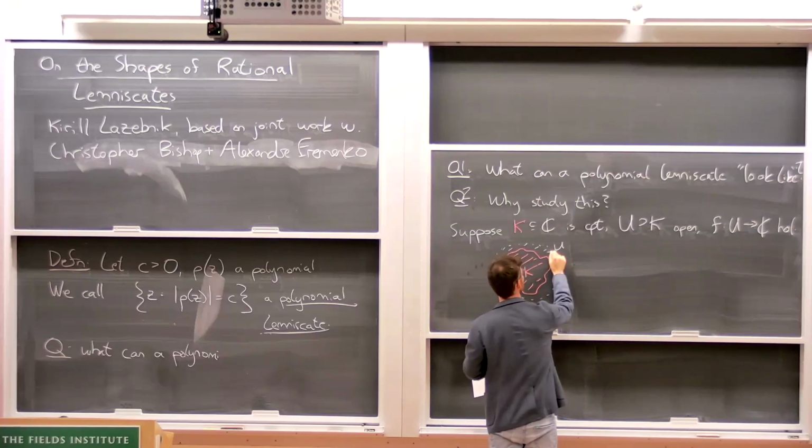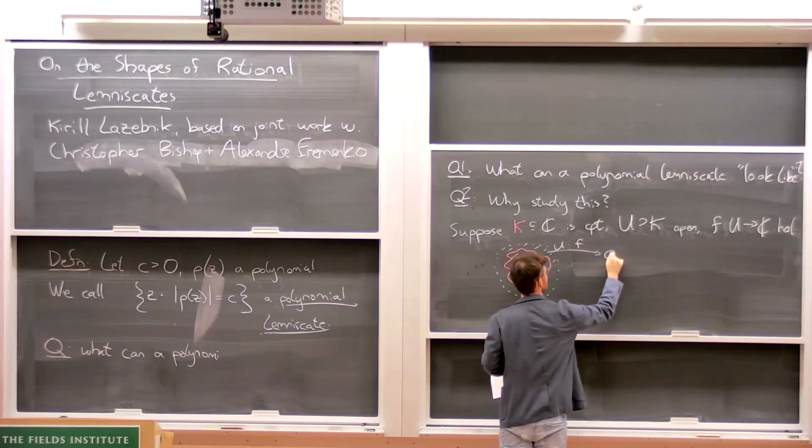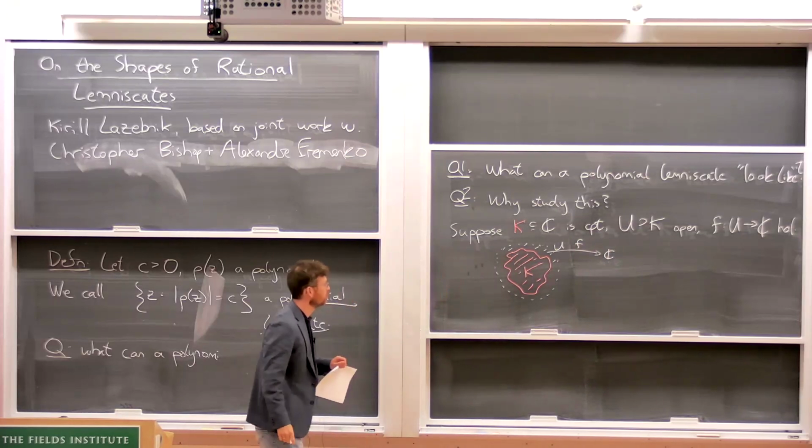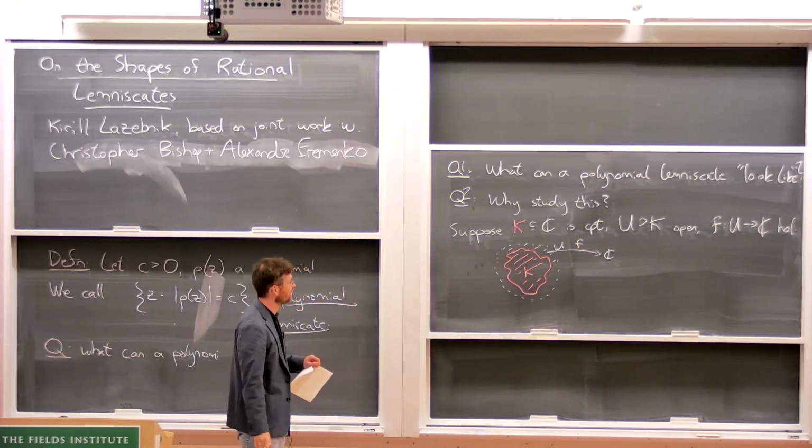And we want to approximate this holomorphic function in a neighborhood of our compact set by a polynomial.